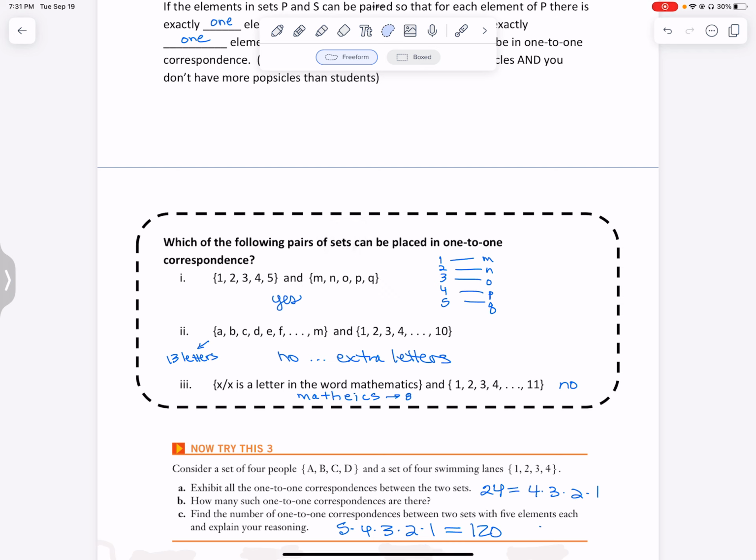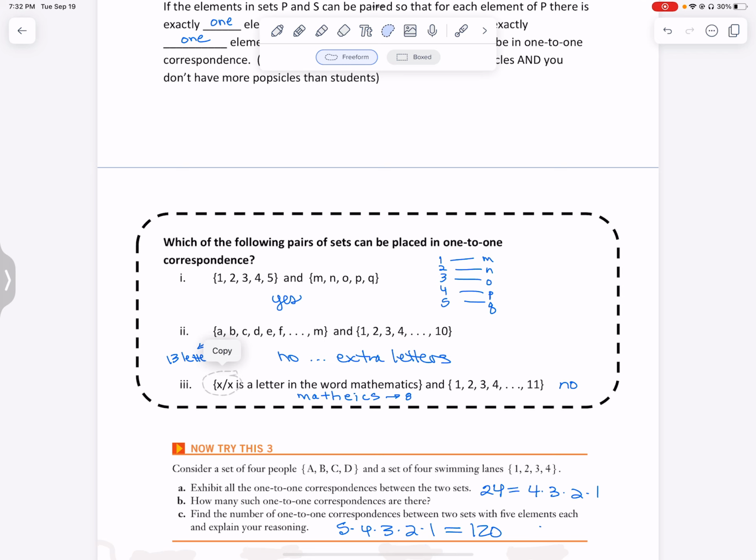So yes, it can be placed in one-to-one correspondence. Now this one has 13 letters in it. If you count A to M, that's 13 letters. This one has 10. So we've got 3 extra letters, right? So that would not be one-to-one correspondence.